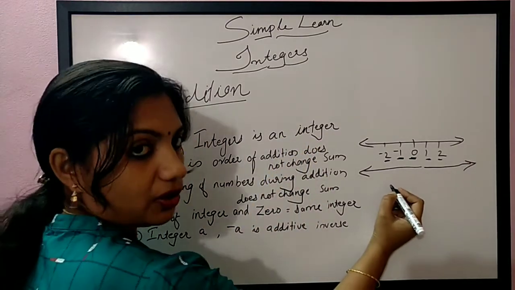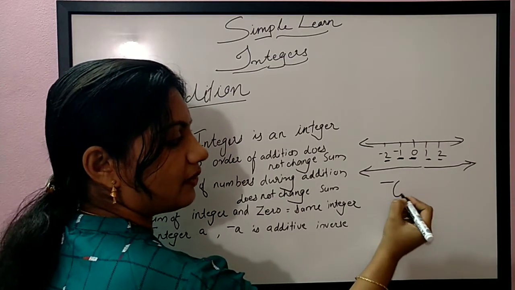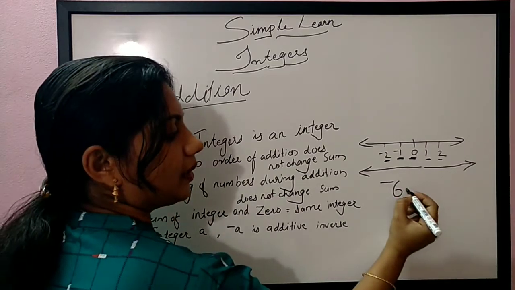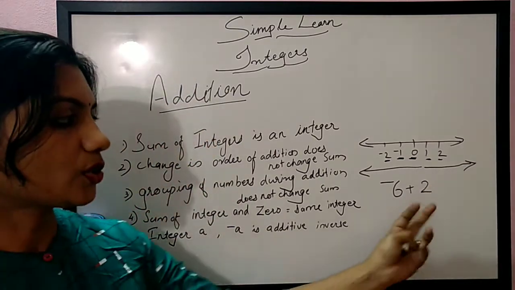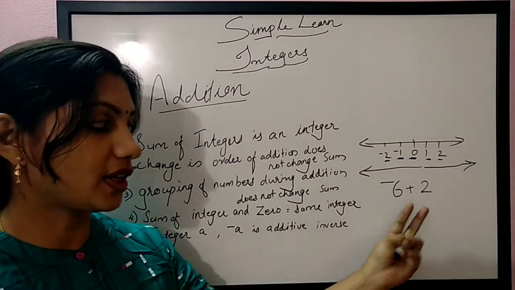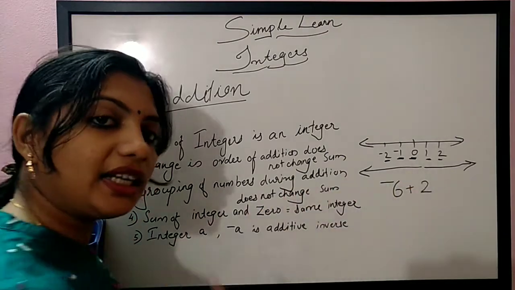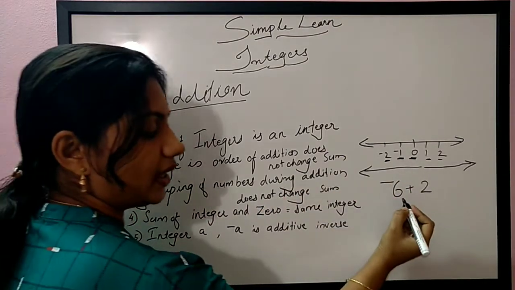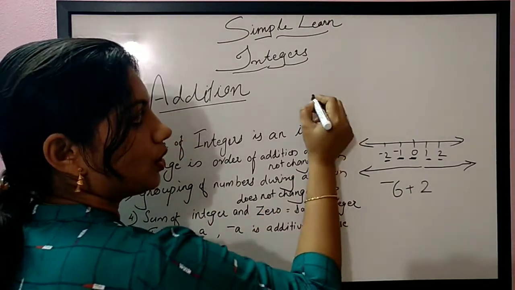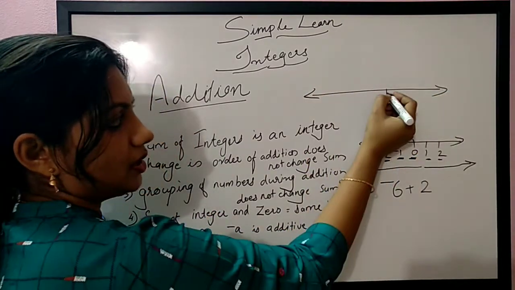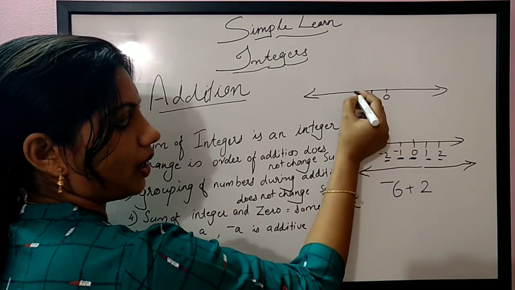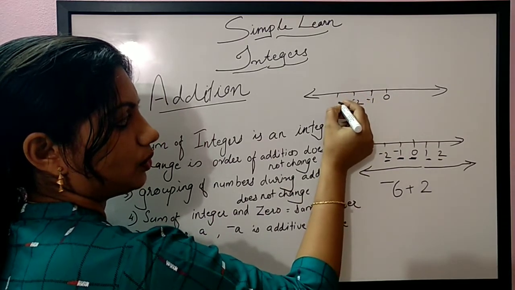So I'm giving you an example. -6 plus 2. So what is the answer of this? That will be an integer. Okay. So -6 plus 2. We have to take a number line. 0, -1, -2, -3.